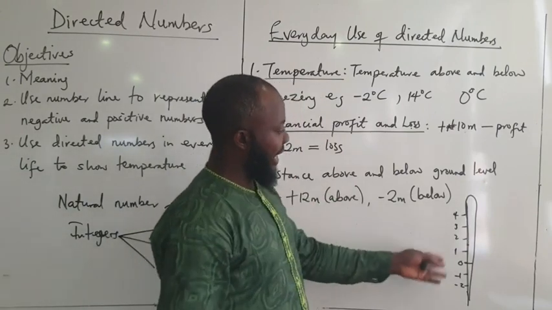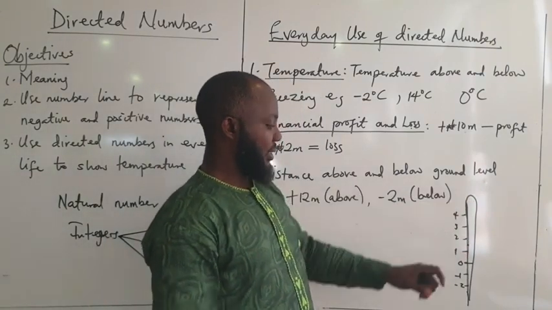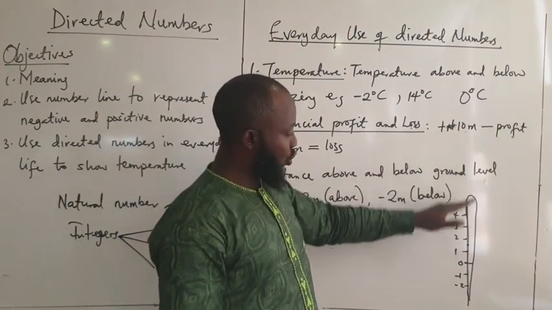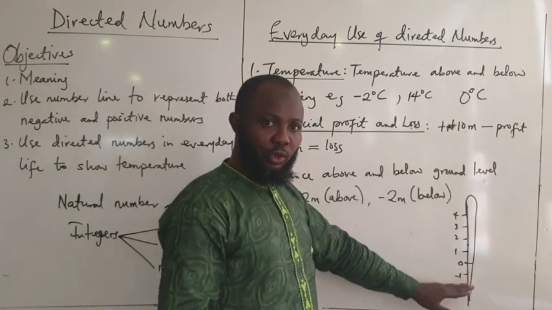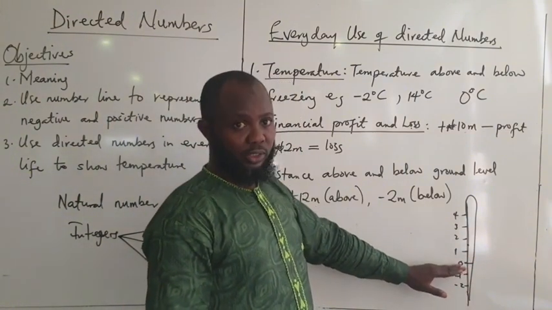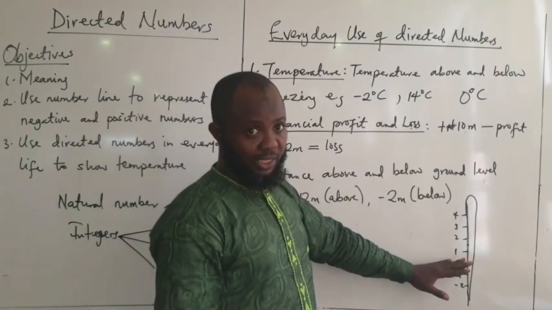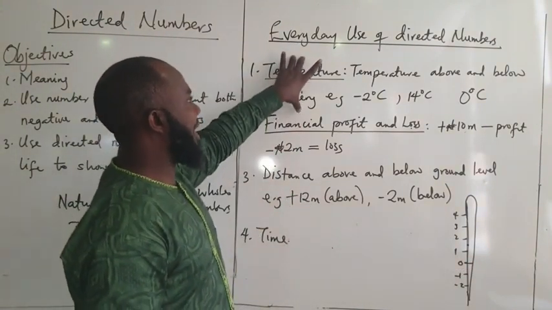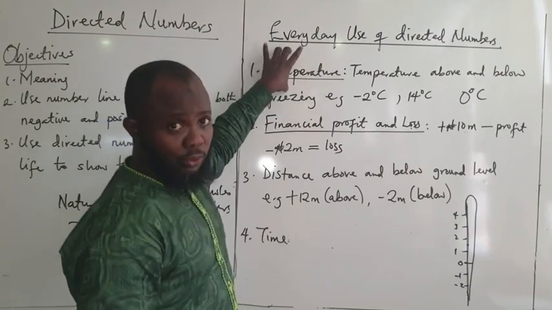So as you can see, if you look at this now, so above this place is that your temperature is not too cold, but here is below the freezing level. So if at 0, that is your temperature, you don't have any temperature. That's what it means. So in this case, we use directed number for temperature, right?